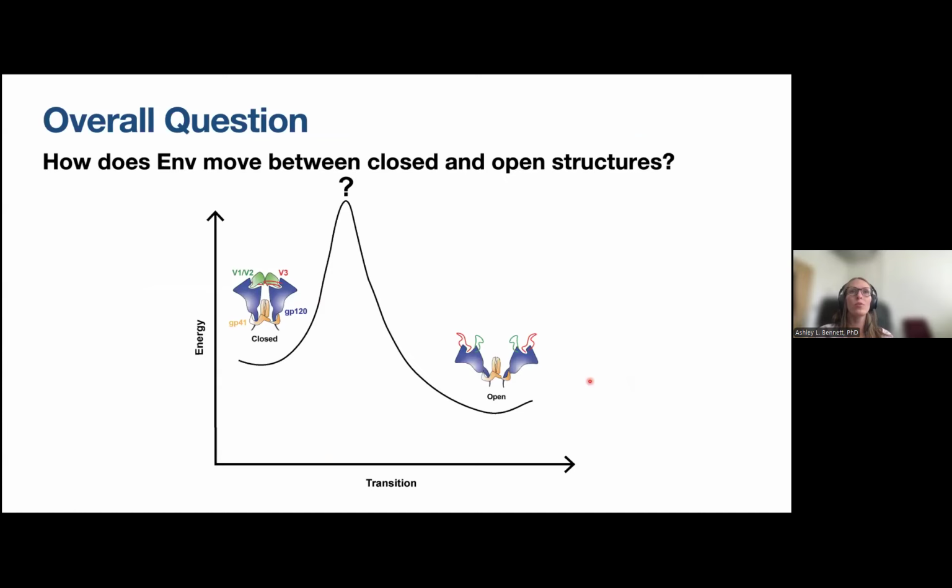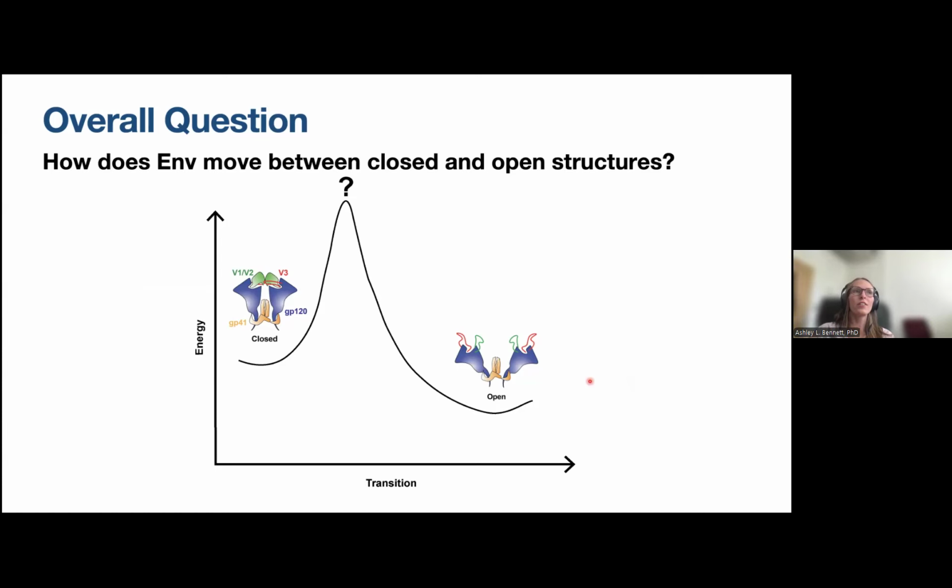One of the things that's important to keep in mind when thinking about the envelope structural transitions is this reaction diagram, which shows the transition moving from closed to open on the x-axis and the energy on the y-axis. This is just a sketch, so these are not real data. But the important point is that to make this transition, the protein is going to have to move through an unstable transition intermediate state.